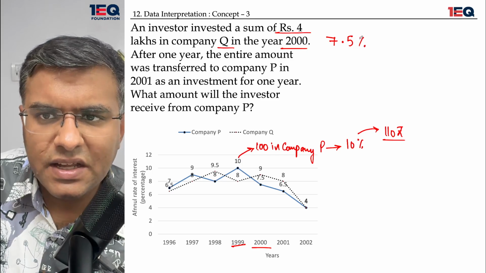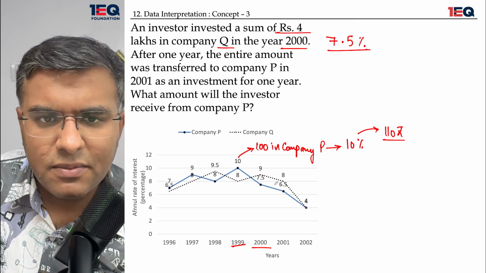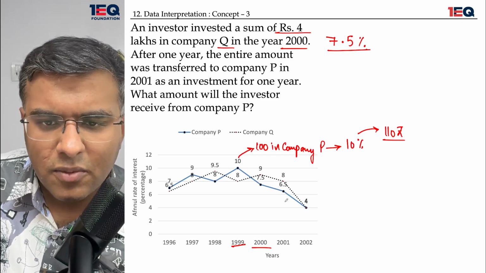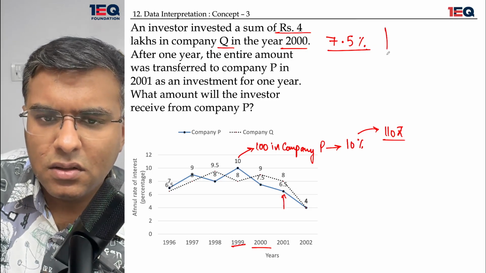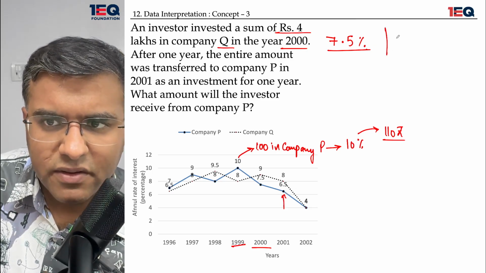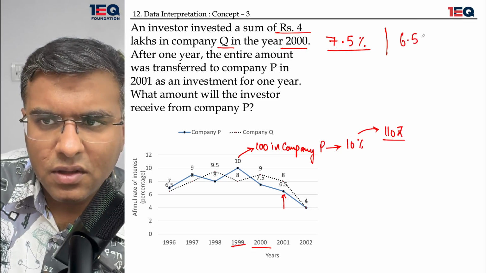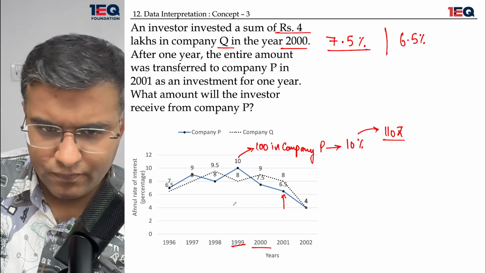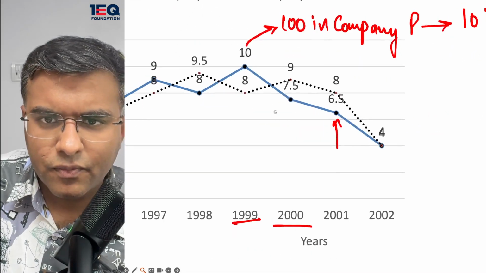So I'm first getting an interest of 7.5%, and the same amount is then invested again in company P. Company P is giving me a profit of 6.5%. Let me look into it a little more closely.